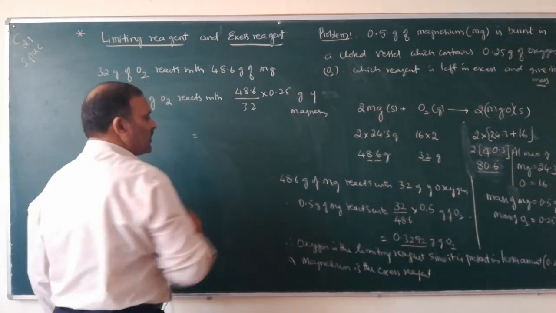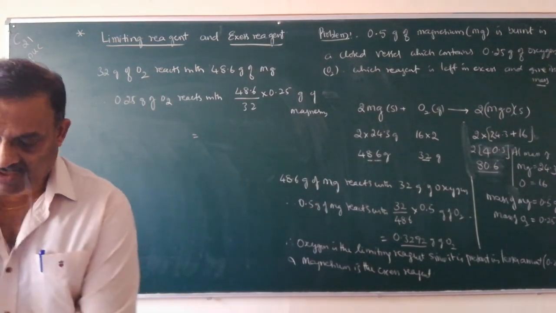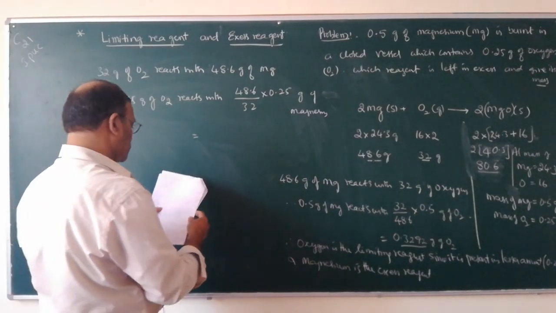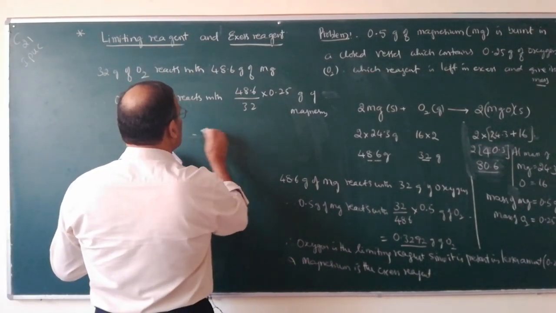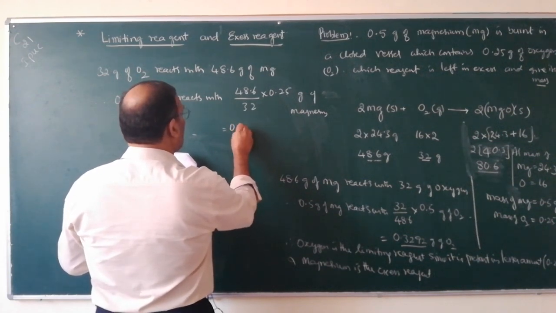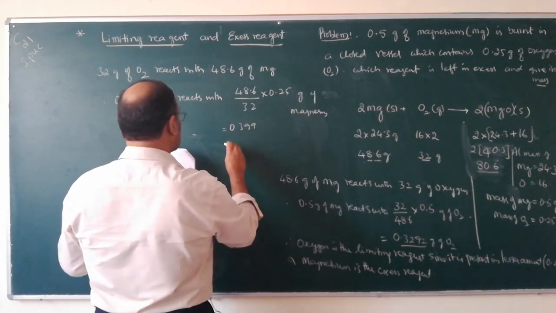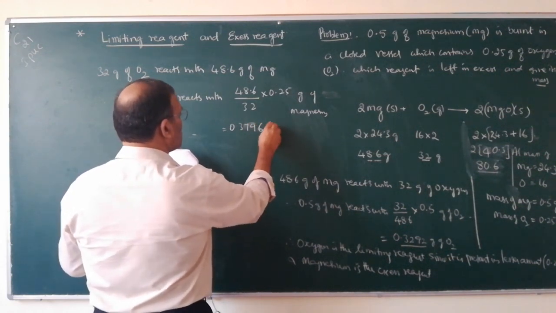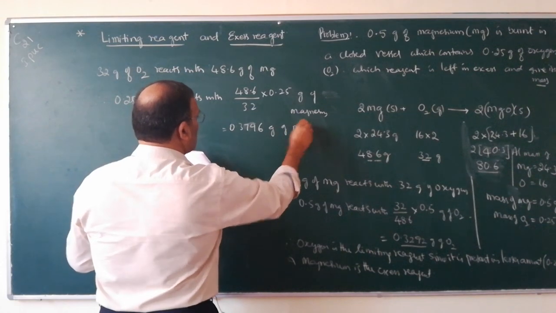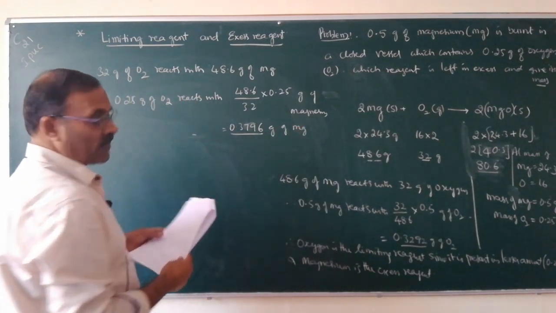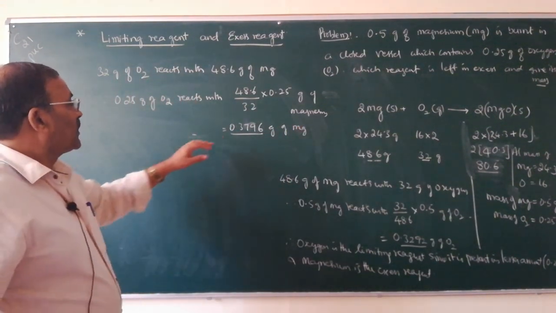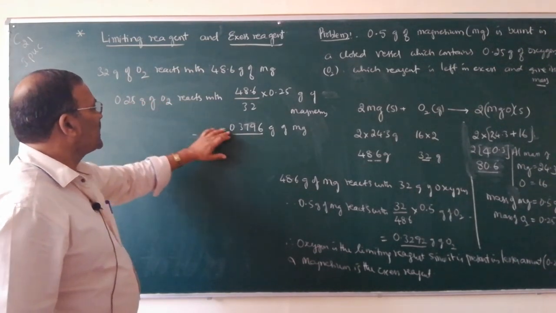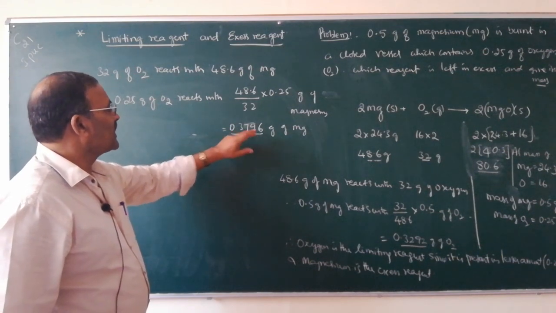So if you simplify this, you will get 0.3796 gram of magnesium. So the amount of magnesium that reacts with 0.25 gram of oxygen is only 0.3796.